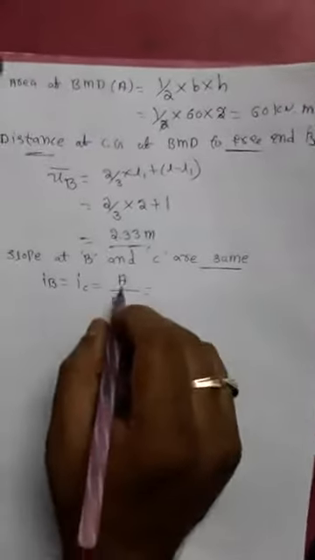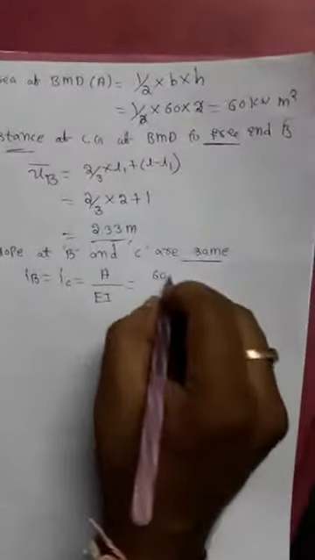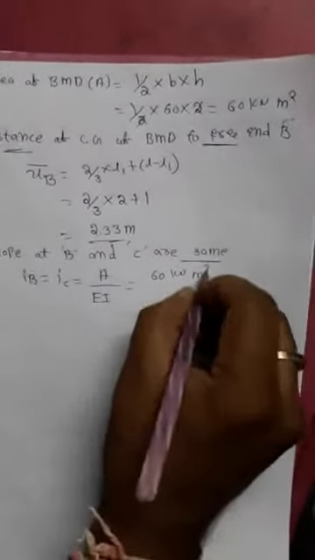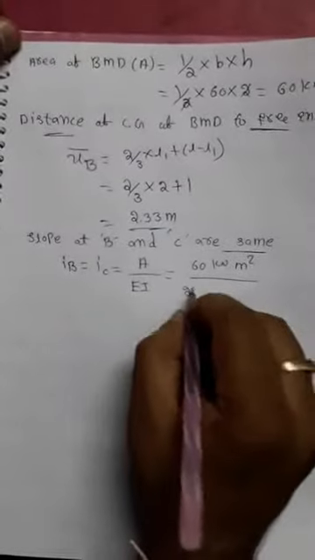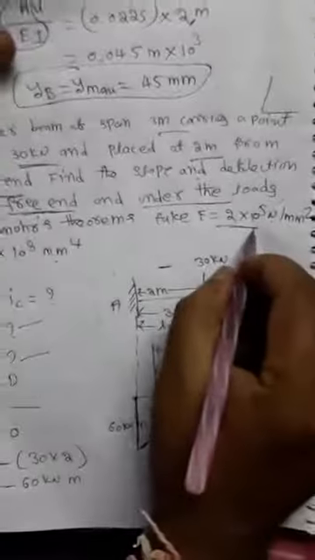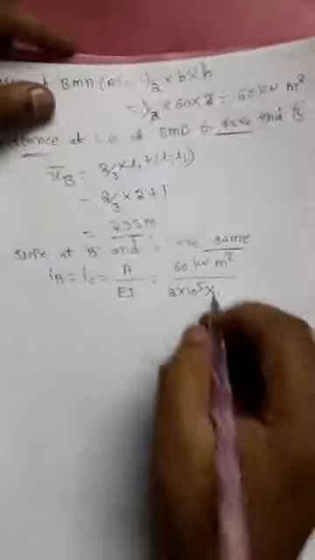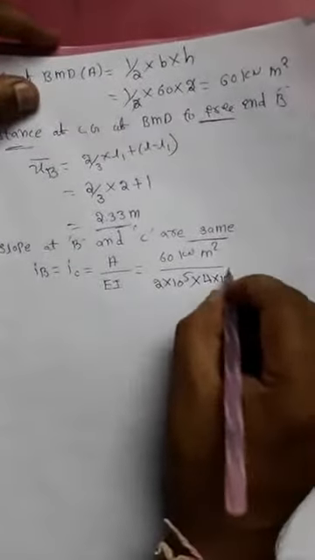So A by EI is the area, 60 kilonewton meter square, by EI. E equals 2 into 10 to the power of 5, as given in the problem, into I. I equals 4 into 10 to the power of 8.